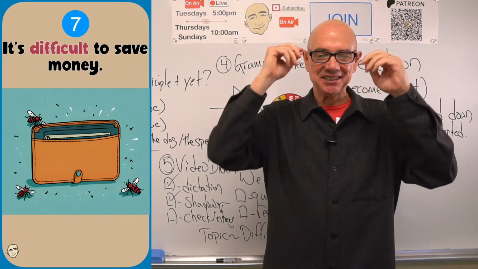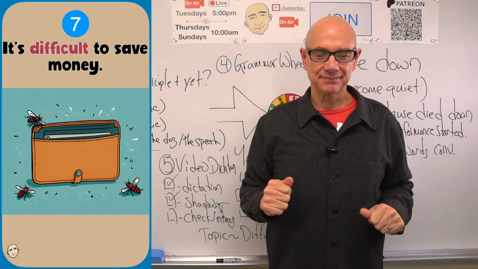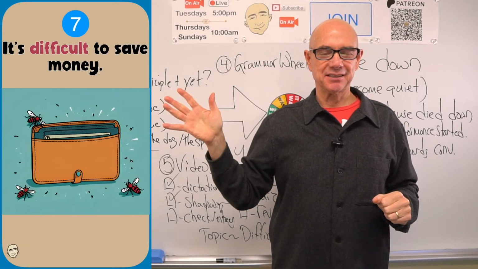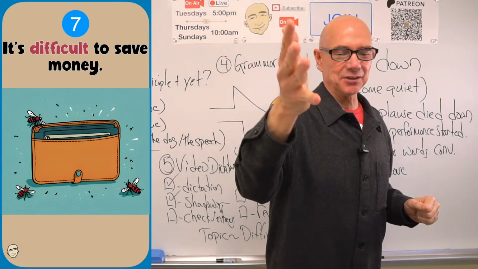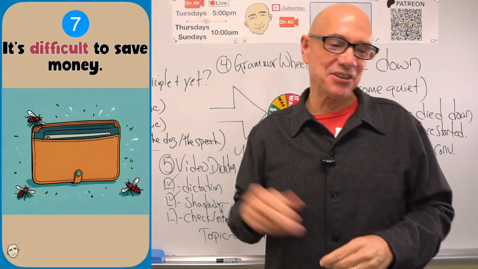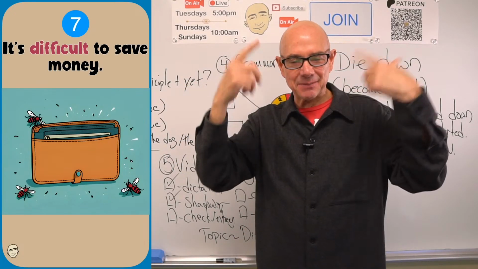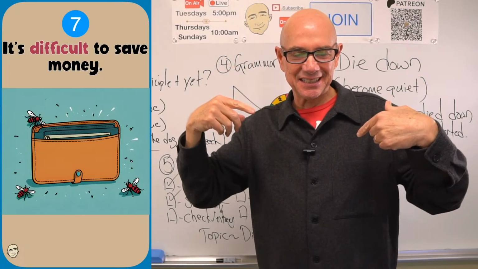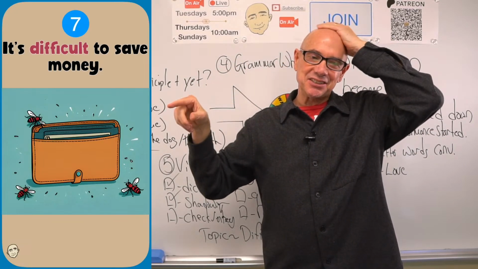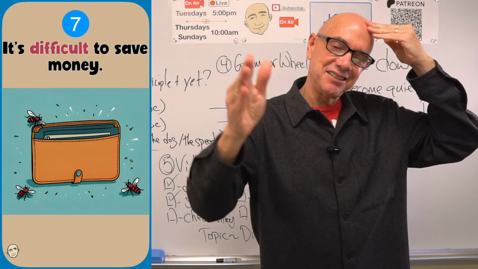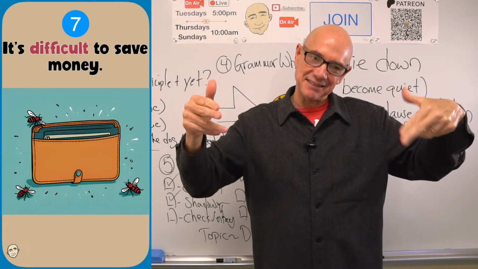Katie does not like the picture. So the picture means there's nothing in the wallet, only bugs. There's nothing in the wallet. That was the image I was trying to create.